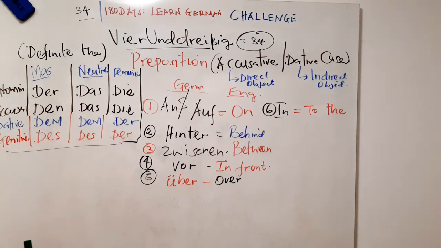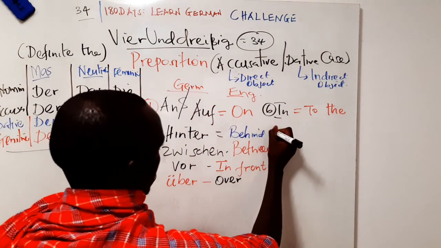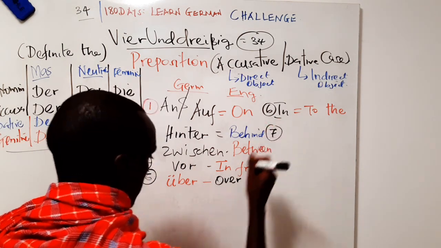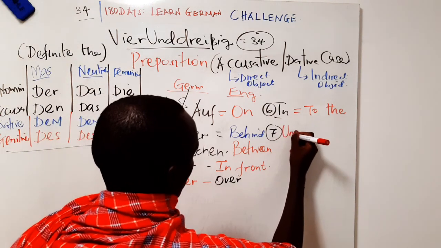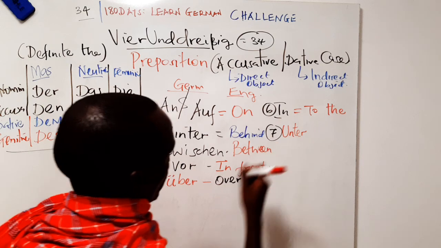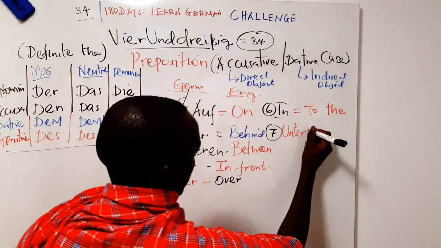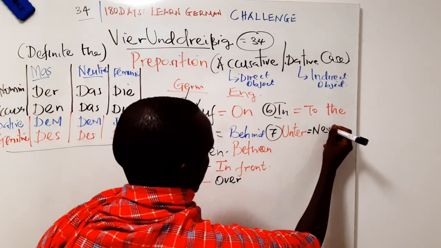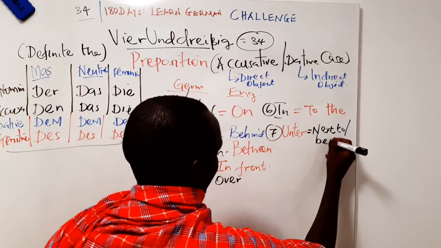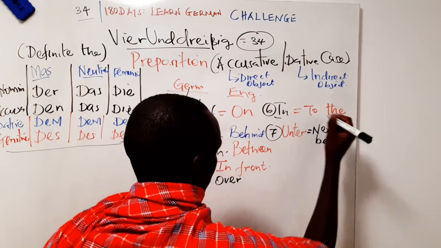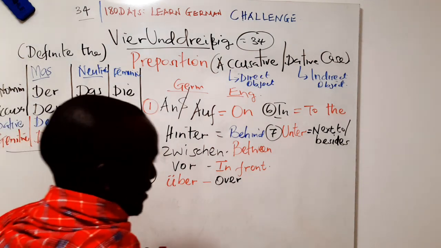Number 7, we have neben, which is next to or beside.